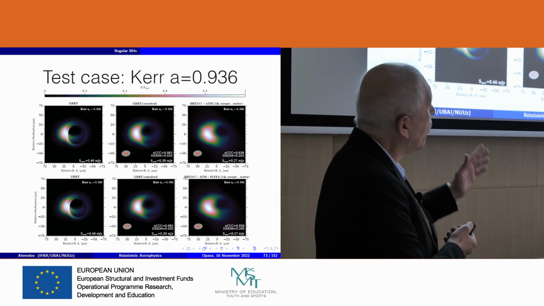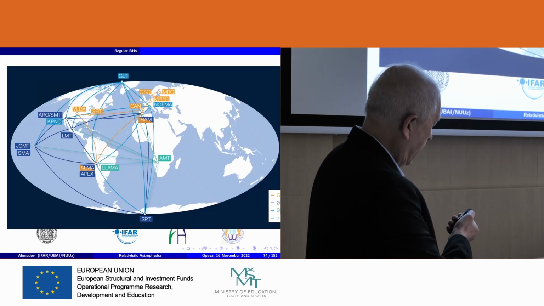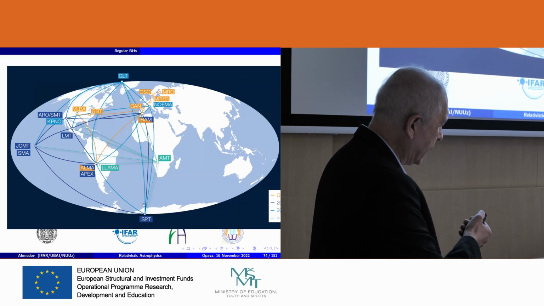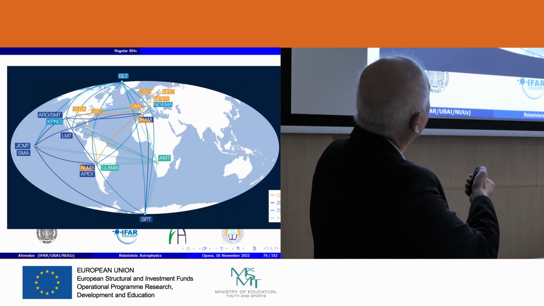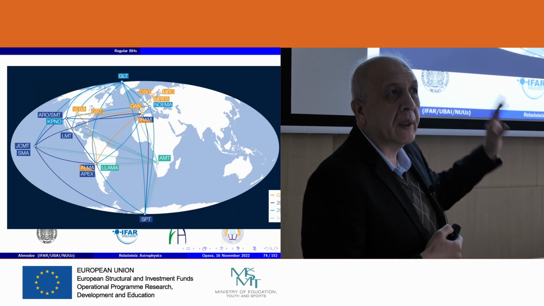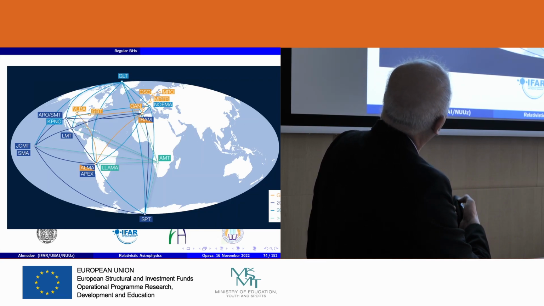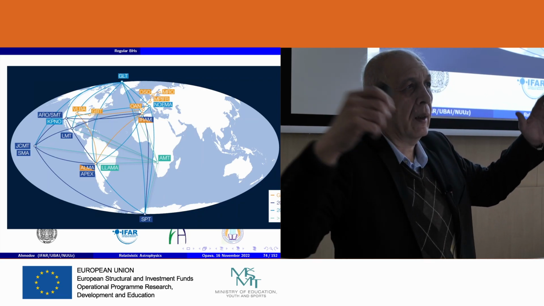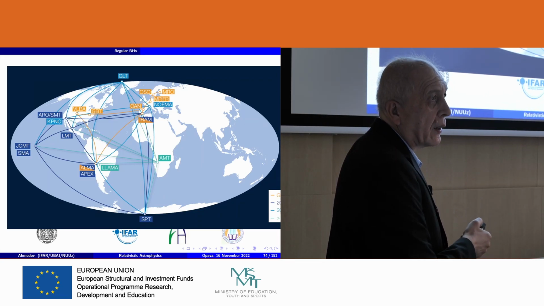If you look at the Event Horizon Telescope, you see here the south pole and the north pole. So this is the size of the telescope, okay? But somehow this telescope is not a good shape, so it should extend in the eastern direction.